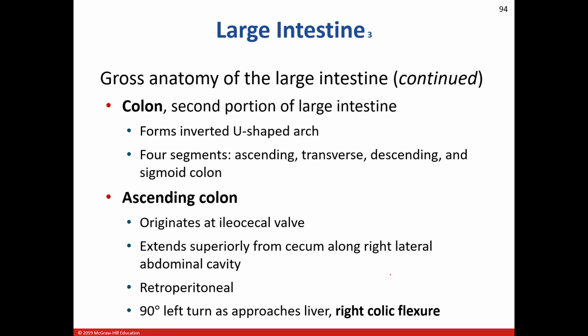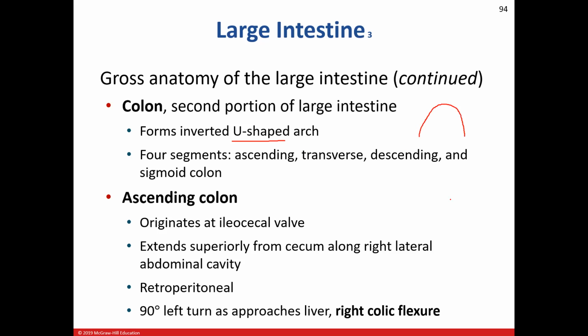When we go superior from the cecum and the vermiform appendix, we move through the large intestine, also known as the colon. We're all familiar, because we studied it a little bit in Bio 210, that it has a U-shaped configuration, but it's inverted, upside down.